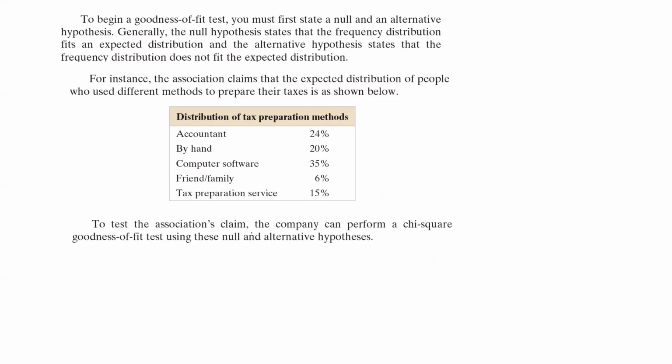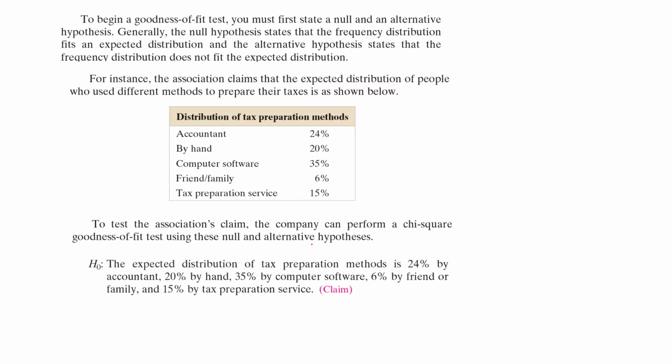To test the association's claim, the company can perform a chi-squared goodness of fit test using these null and alternative hypotheses. The null hypothesis says the expected distribution of tax preparation methods is 24% by accountant, 20% by hand, 35% by computer software, 6% by friend or family, and 15% by tax preparation service.